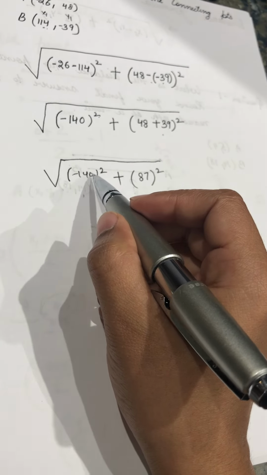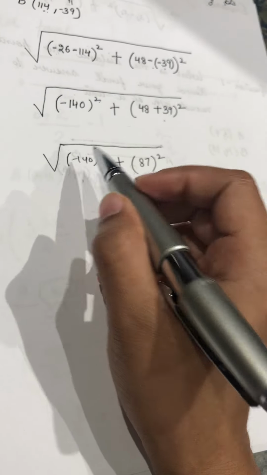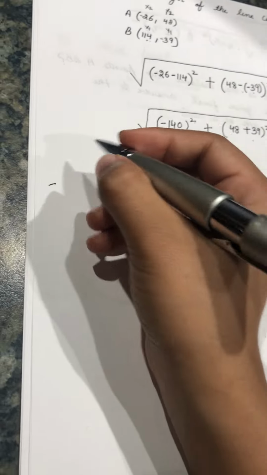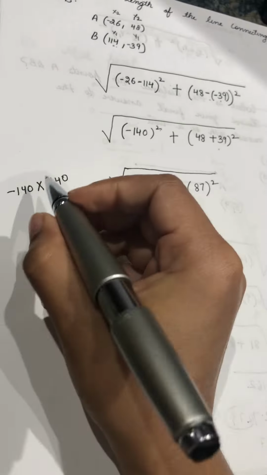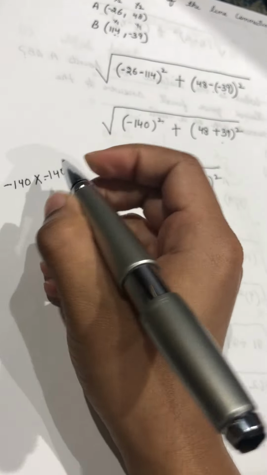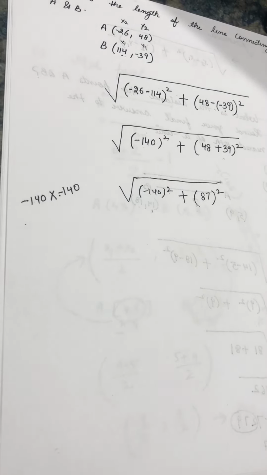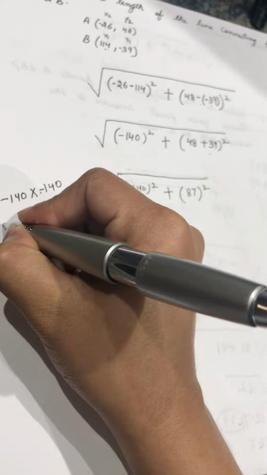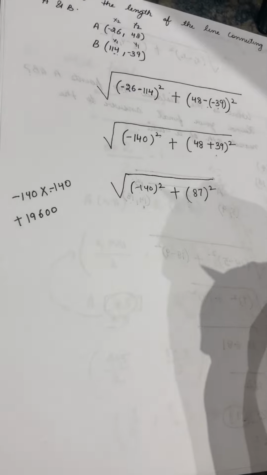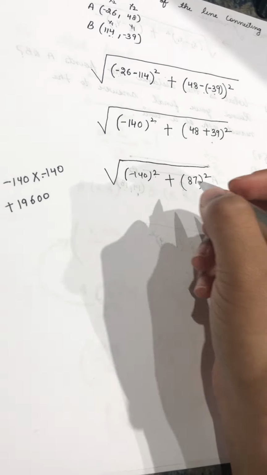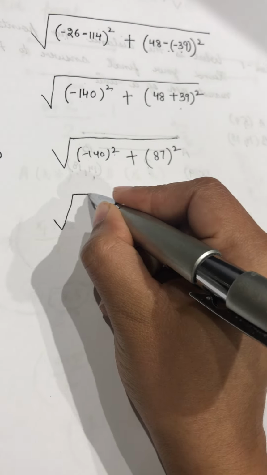Now if you have a negative number under a square, it becomes positive. So minus 140 times minus 140: if we multiply negative with negative, it gives a positive result. That's the rule. I'm sure you are aware of this. If not, then I added something new to your knowledge. So be happy.